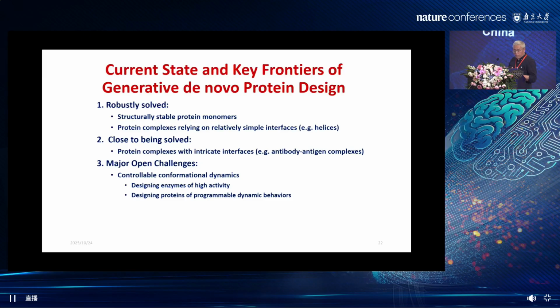The major open challenge is controllable design of proteins with controllable conformational dynamics. This includes designing enzymes of high activity without large-scale screening, and designing proteins of programmable dynamic behaviors without relying on very smart heuristics.